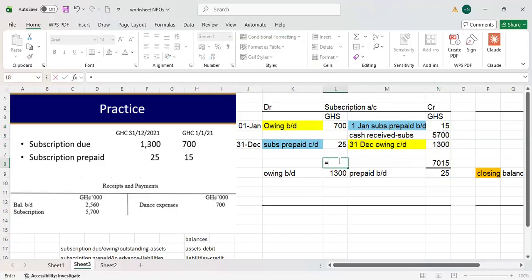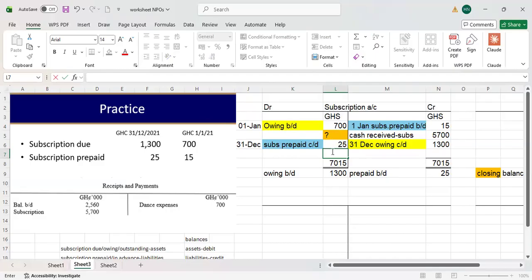So we're going to have this also, because obviously this side is more. Then we need to find the difference. So the difference is what relates to the current year. So I'm going to find this difference. It can also be here, I mean, you can put it anywhere, depending on the space you have.